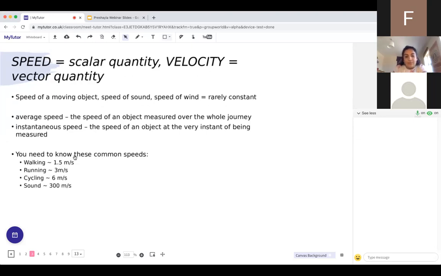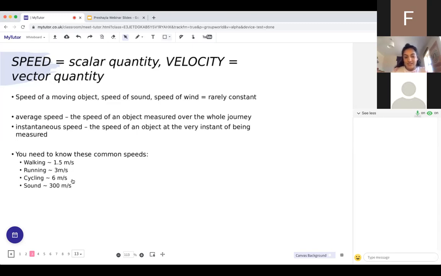We need to know these common speeds to be able to compare between different speeds. In an exam, they might ask you, what's the speed of this plane? And then they say, compare that with the speed of a cyclone. Compare that with the speed of sound. So we need to know these 4 common speeds. Walking is roughly 1.5 meters per second. Running is roughly 3 meters per second.